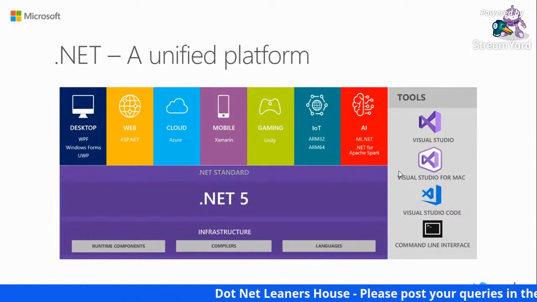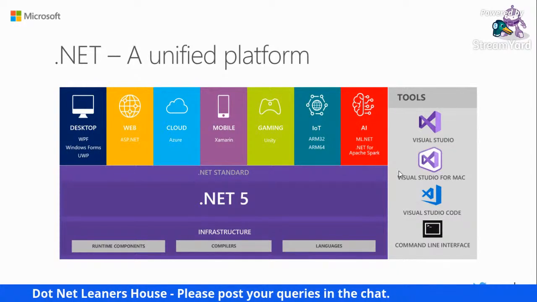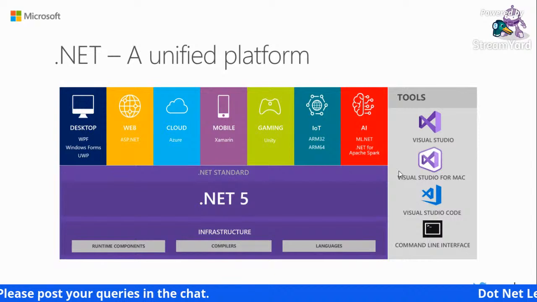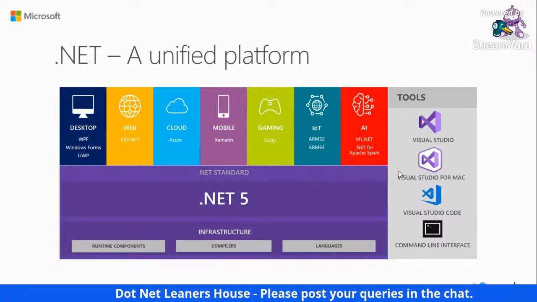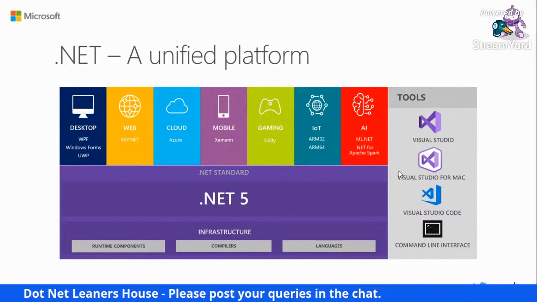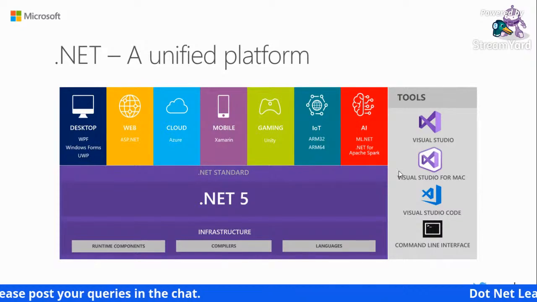But Microsoft thought, we'll build a new platform, just .NET 5, and hereafter we'll have just one standard, and based upon that we'll build all the applications. This sounds good. When they introduced this, I thought, yes, this is a good approach. They will also slowly start deprecating .NET Framework.